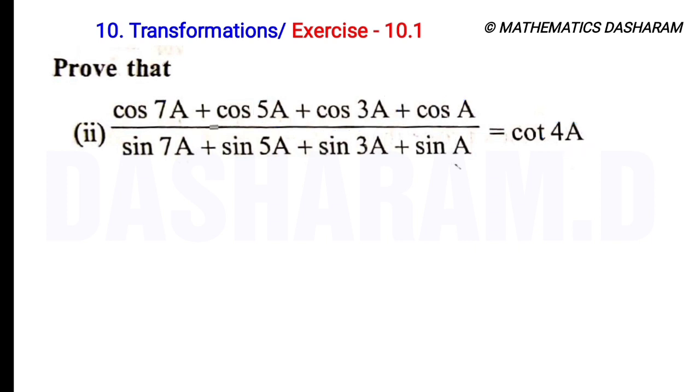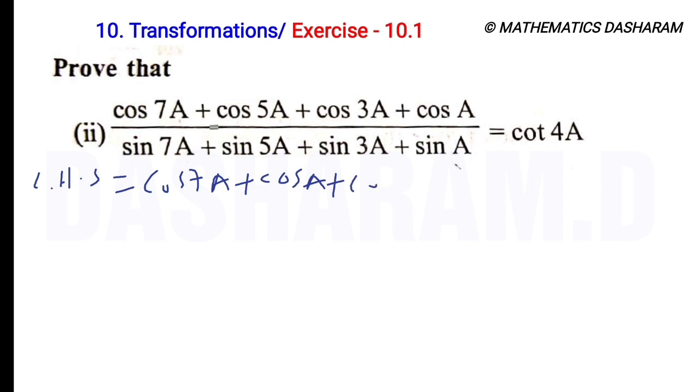So that is why beside cos 7A write cos A, and cos 5A, cos 3A write at one place. So then LHS is equal to cos 7A, and beside it write cos A, because it is addition, so we can change the position of the terms without changing the signs.